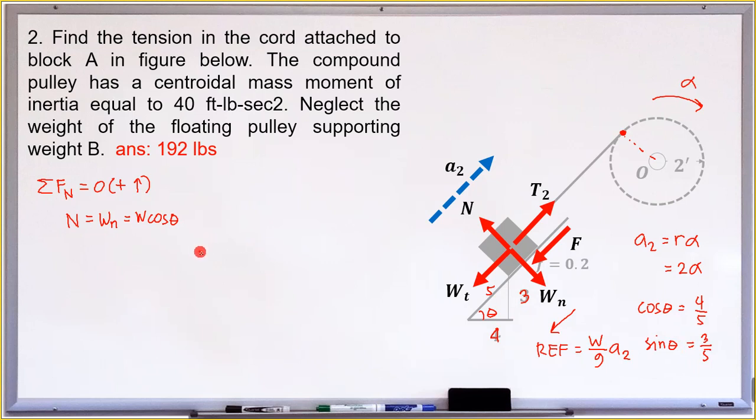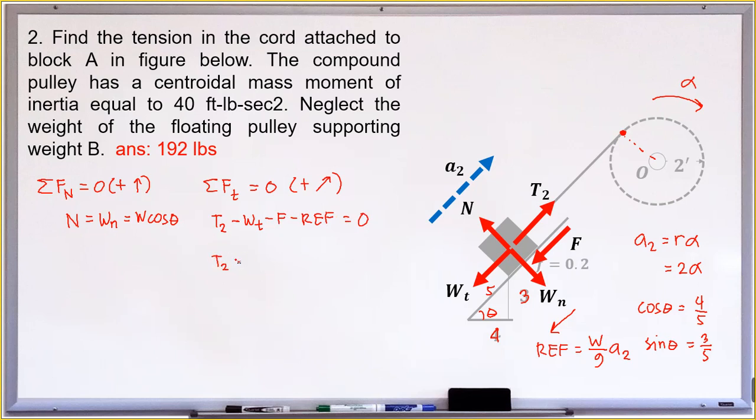Next, we have this normal force. We take the summation of forces tangent, or along the inclined plane, equal to 0. That is how the inertial force was defined. We take positive as up the inclined plane. What are the upward forces? We have T2, and I think that's all. So T2, minus the tangential component of the weight, minus the frictional force, minus the inertial force, equals 0.